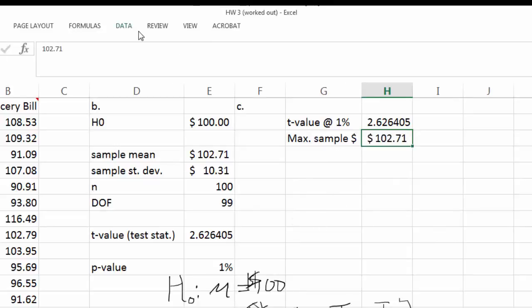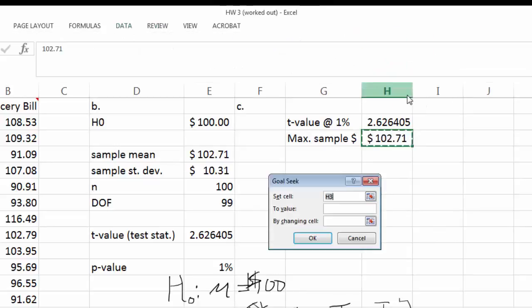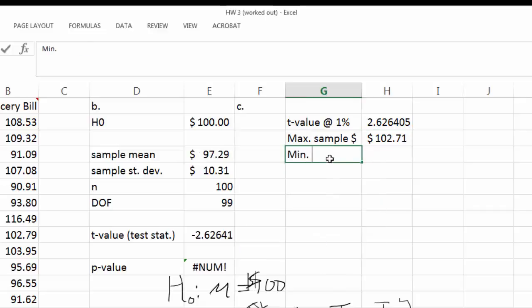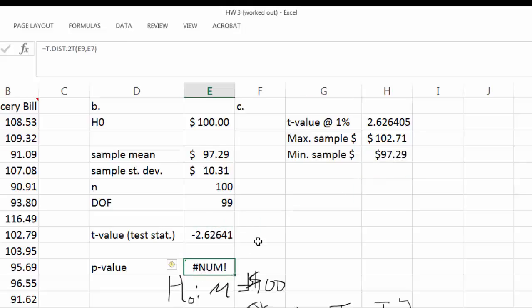So I'm going to do my Goal Seek again, and this time I'm going to set this t-value to minus 2.6266405 by changing the sample mean. And now it calculates and finds that a min sample value of 97.29 would give me that same t-value and then that same p-value.